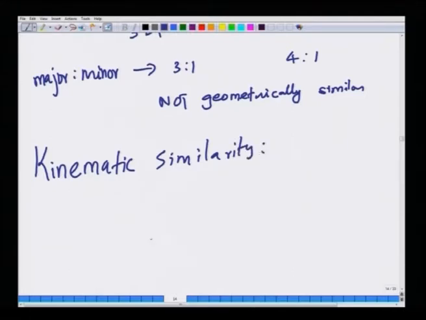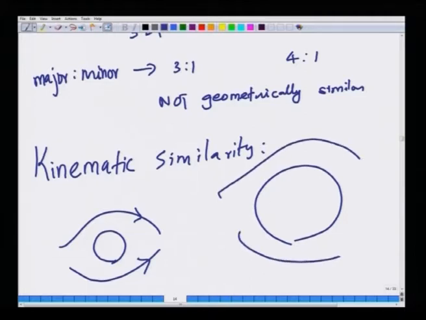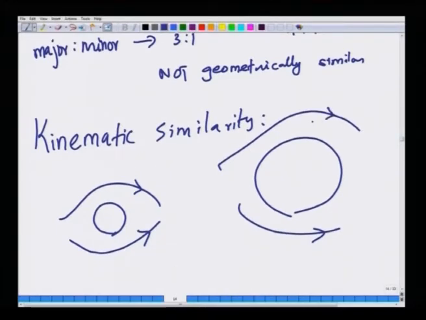Two flows are kinematically similar if the velocities at various points are pointing in the same direction and they differ by the same factor at various points. So, suppose you have flow past a sphere, and you have two different systems. If you look at the same geometrically similar point, that is, r1 by d1 is the same as r2 by d2, where d1 and d2 are the diameters of the spheres, then you are looking at geometrically similar points.